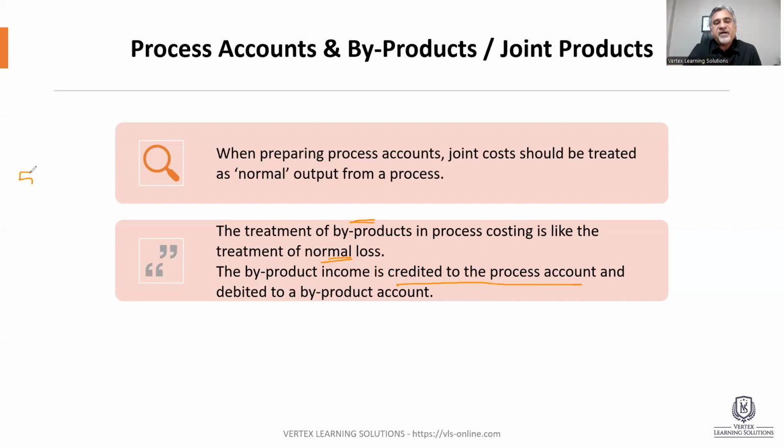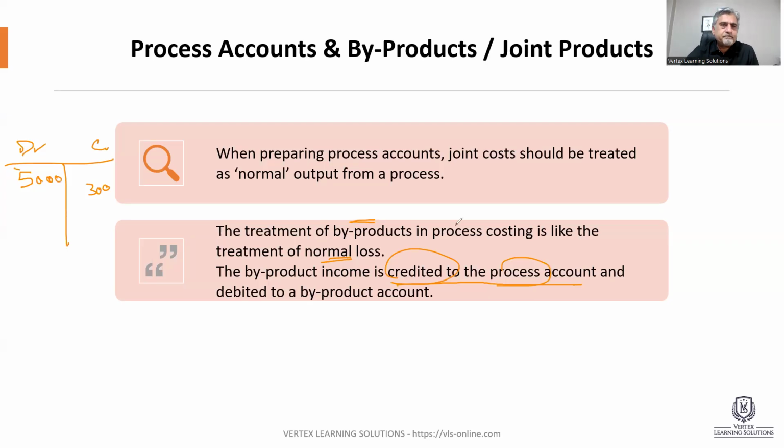Before you had $5,000 debit on your process account, and now it is $300 credit. So that makes the process cost 4,700, because it was debited 5,000, you receive 300, so you credit it to the process account and reduce your common cost.